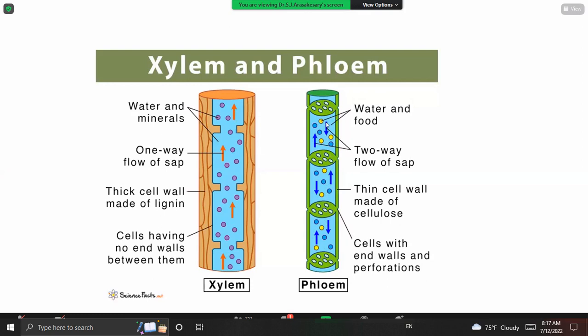So the xylem and the phloem have two different structures. There is no valve in the xylem. But here, sieve-like structures are there. It sometimes allows the assimilates to go up, sometimes stops.